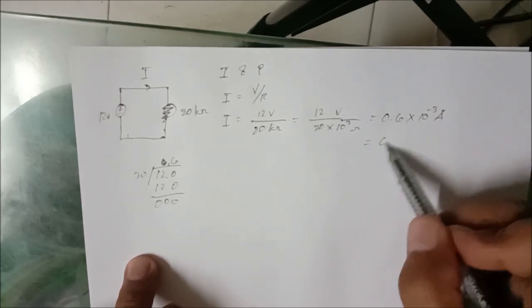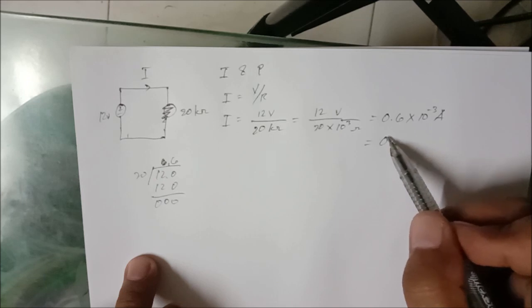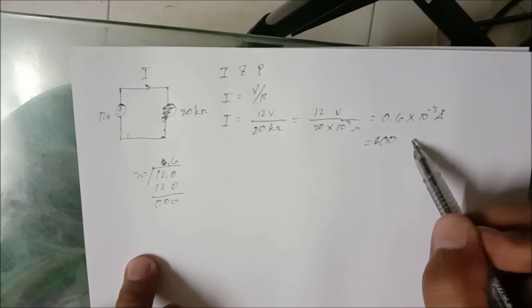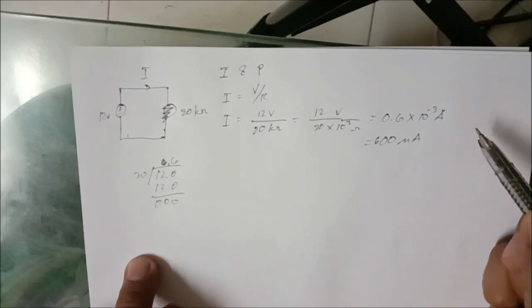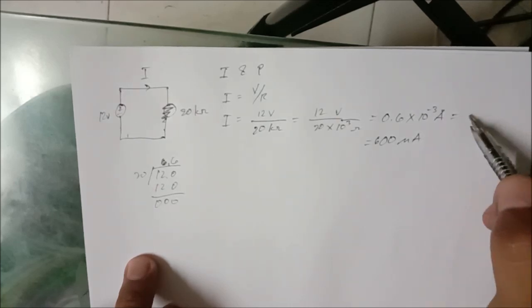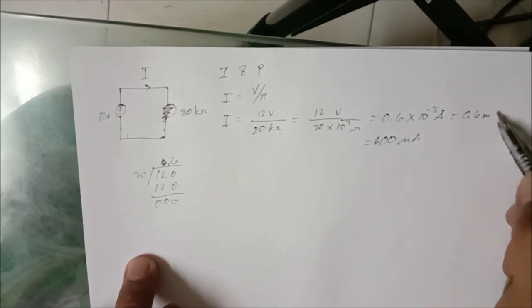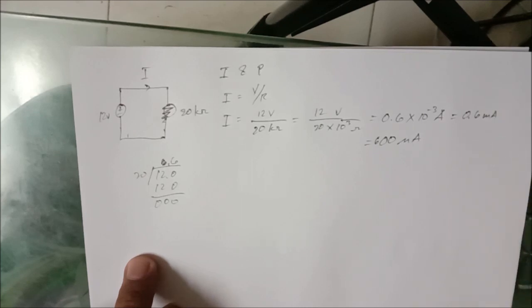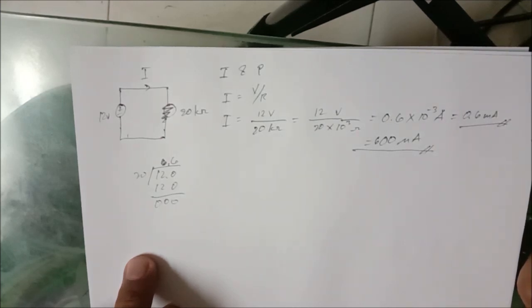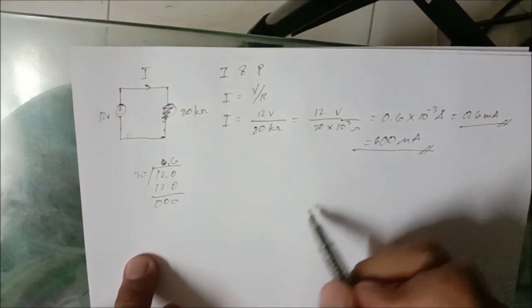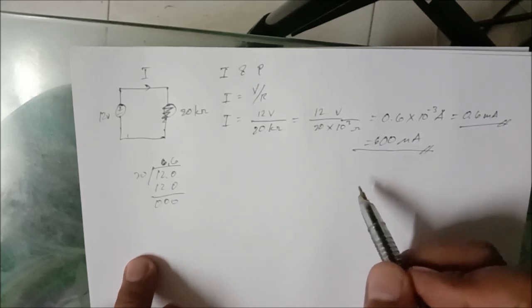Or, pwede natin siyang sabihin na 600 microamperes. Kasi pwede natin ito sabihin na 0.6 milliamperes. Okay. So, nakuha na natin si current I. So, I is equivalent to 600 microamperes.